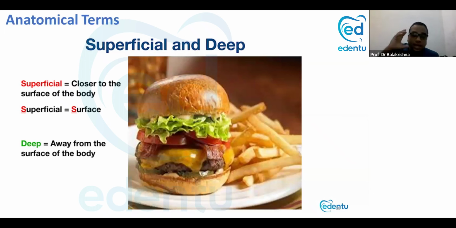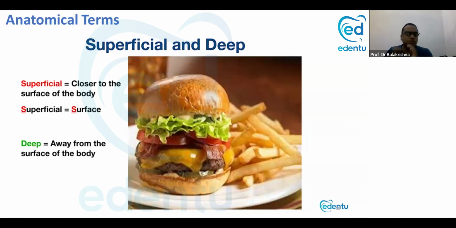Now, suppose we take out the bun and the cabbage and all. The topmost layer is tomato, and the bottommost layer is bun. Here you have got cheese and the patty. So the superficial surface will be tomatoes now, and the deep will be the cheese and the patties and all.